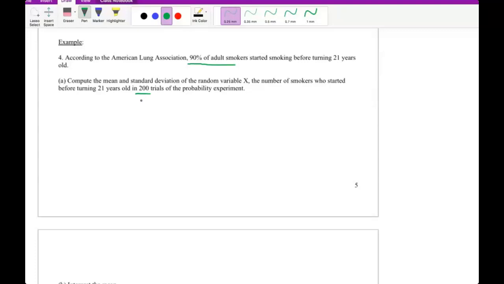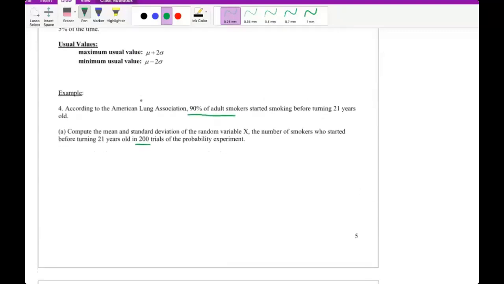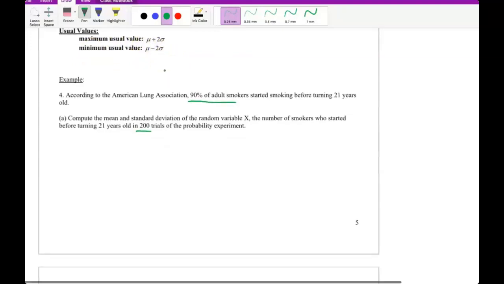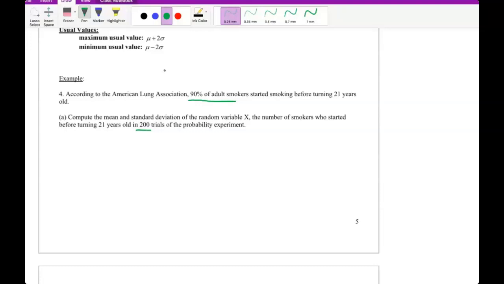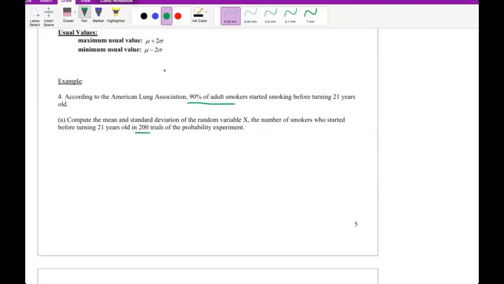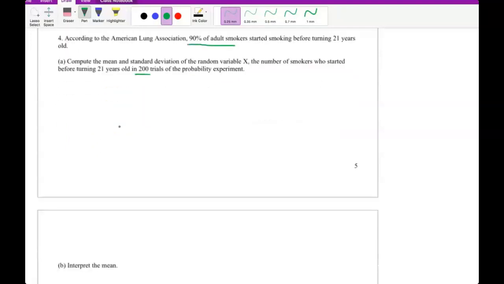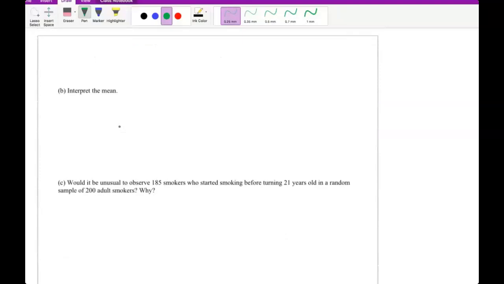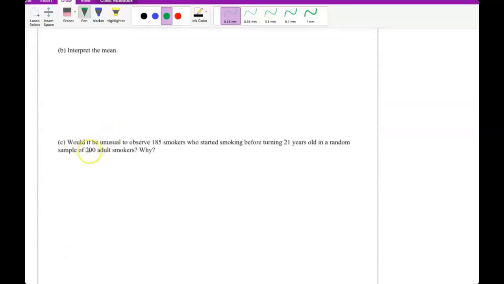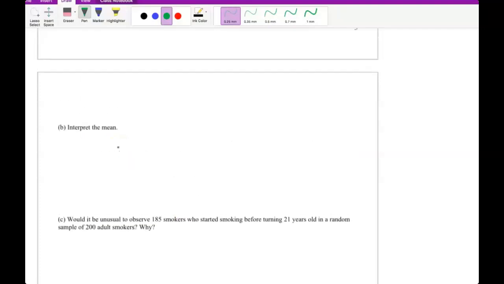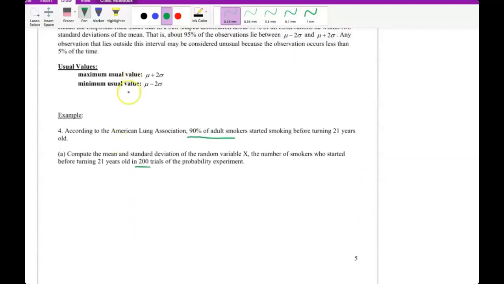Here on this part, we're going to work based on what we have on top, usual values. I need to find the mean and standard deviation. On the second part, it's asking would it be unusual. Since it's asking if that is unusual or not, I'm using what we have here on top.